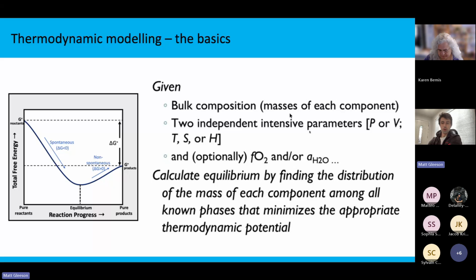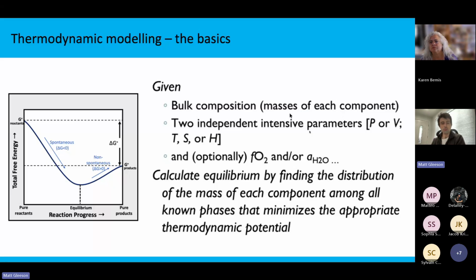The thermodynamic models, whether this be the MELTS algorithms, being the most well known in igneous petrology and volcanology fields, will take that information, search across the different phases that they know about, and find out what is the best way to distribute the chemical composition, the oxide phases, across different minerals, melt, and fluid phases within your system in order to minimize some appropriate thermodynamic potential.